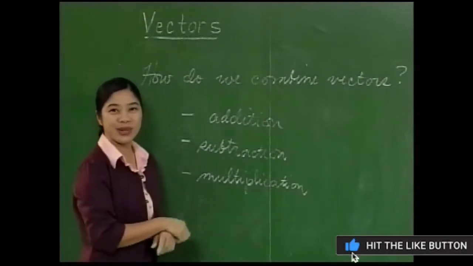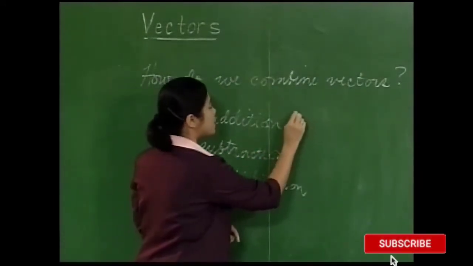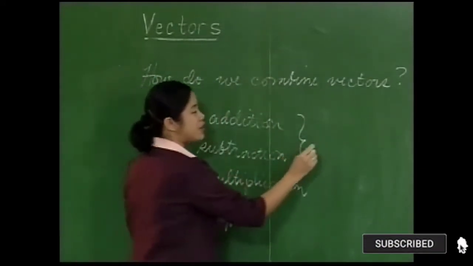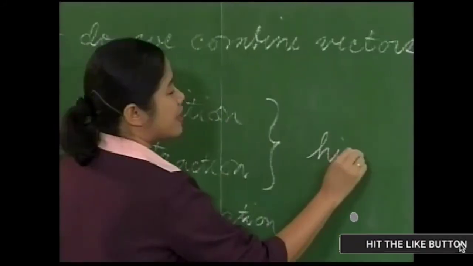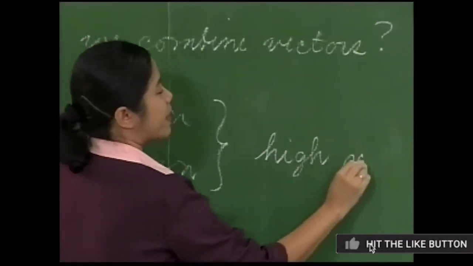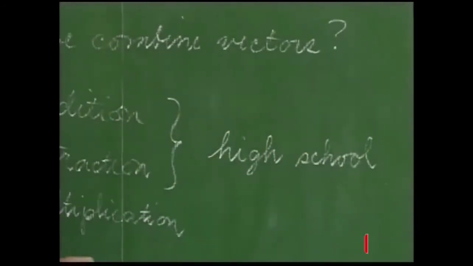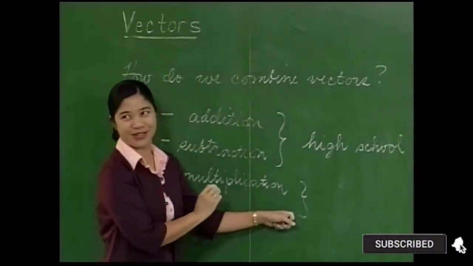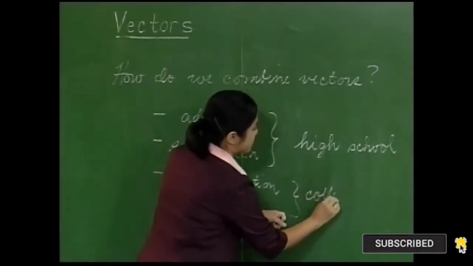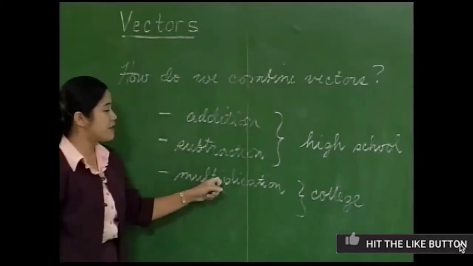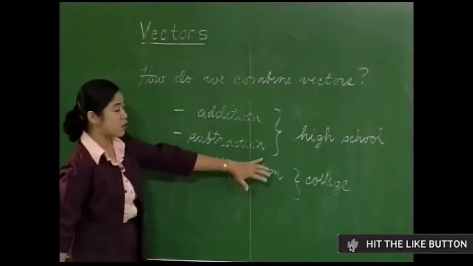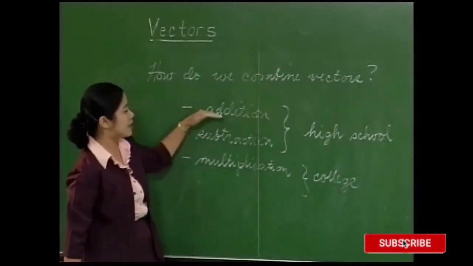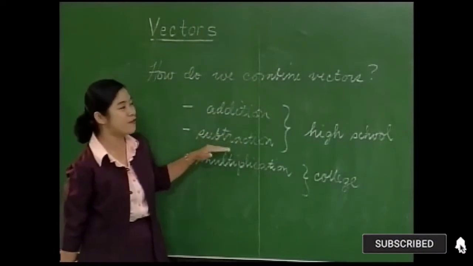Now, for high school, you will only be limited to addition and subtraction. If you're a regular high school here, you will only take up how to add vectors, and multiplication and division of vectors we will leave for college physics. Because there are two ways of multiplying and that would be quite complicated. So we only reserve this for college. For today, we will only look at the addition and subtraction of vectors.